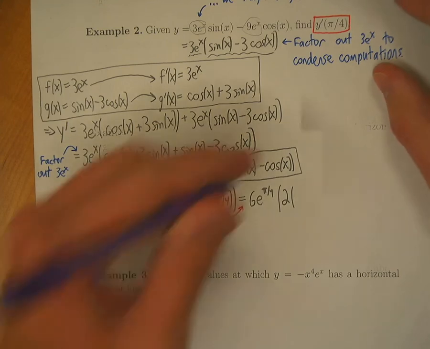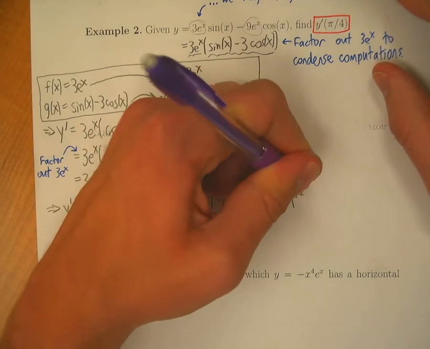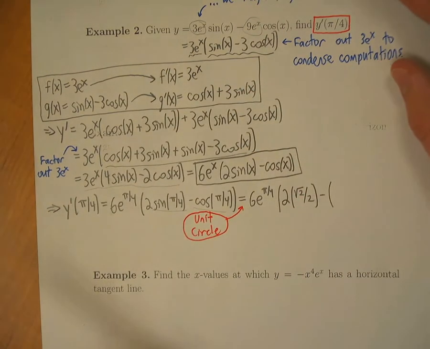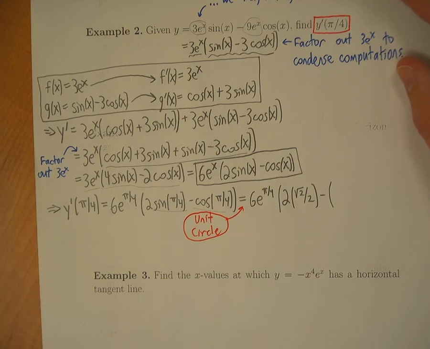Right. So in this case, you could have root 2 over 2. And then minus cosine of pi over 4, which is going to be what value? Root 2. Yep, it's also root 2 over 2.